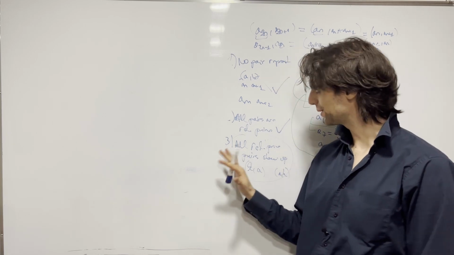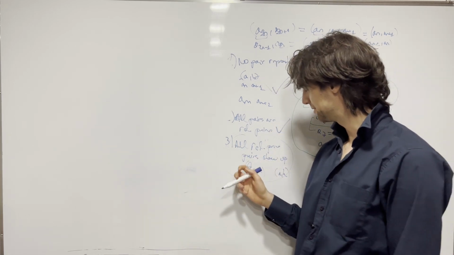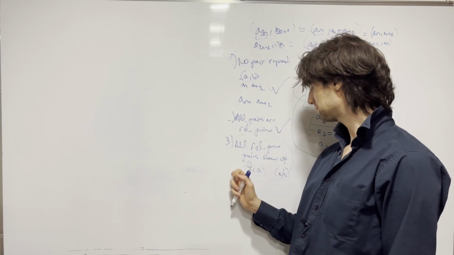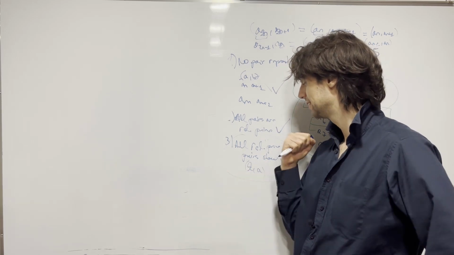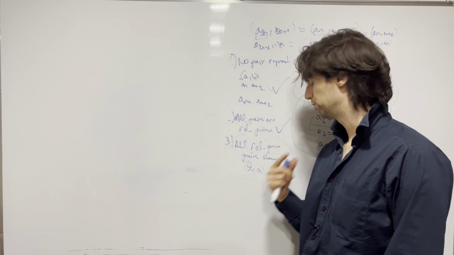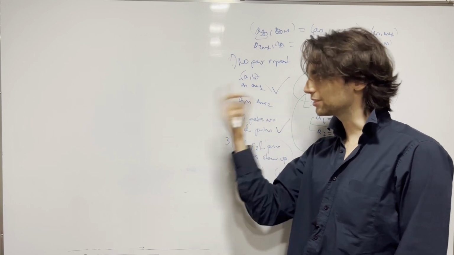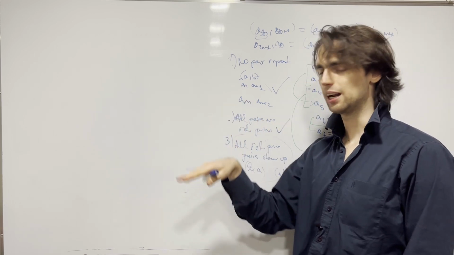The reason I want to use induction here is a general principle. The idea is you want to show all the relatively prime pairs show up, and the first instinct is, can I build up?